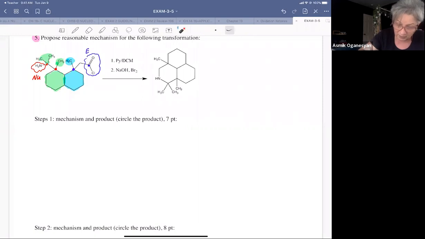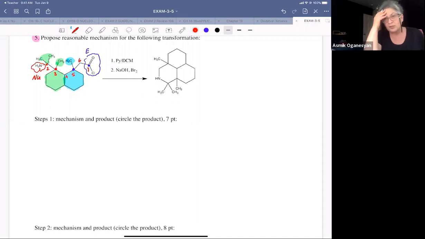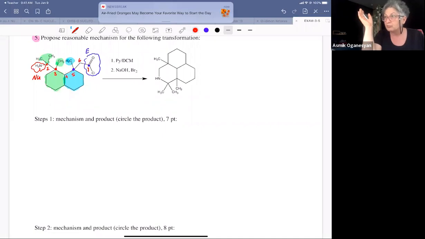So if I number the atoms here, 1, 2, 3, 4, 5, 1, 2, 3, 4, 5, and 6. Oh, sorry, guys. Sorry, I didn't count my nitrogen. 1, 2, 3, 4, 5, 6, and 7. Well, it looks like I will be forming a 7-membered ring and I would be forming an amide.